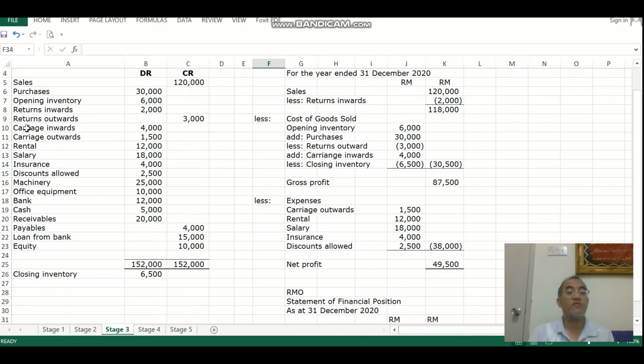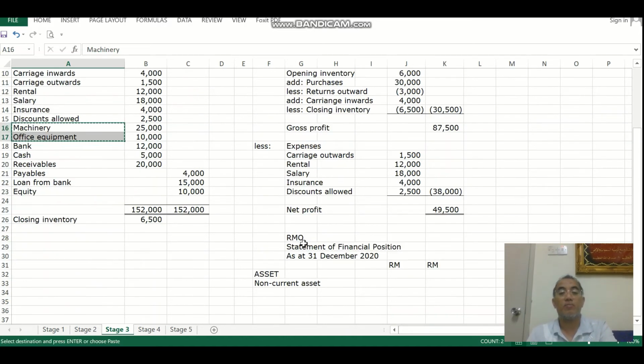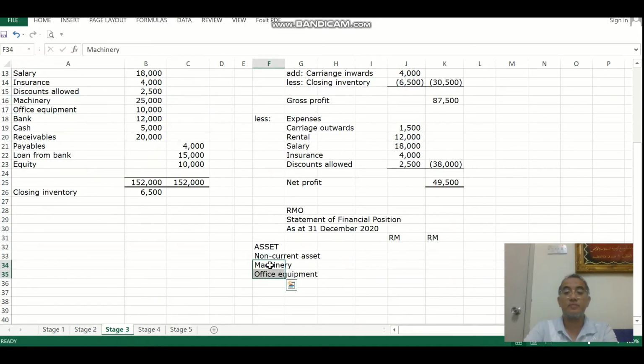Now starting from here, we have machinery. This is our first asset. So after machinery, we have office equipment. Okay, only two. So machinery and office equipment. So I just copy those and put it here.